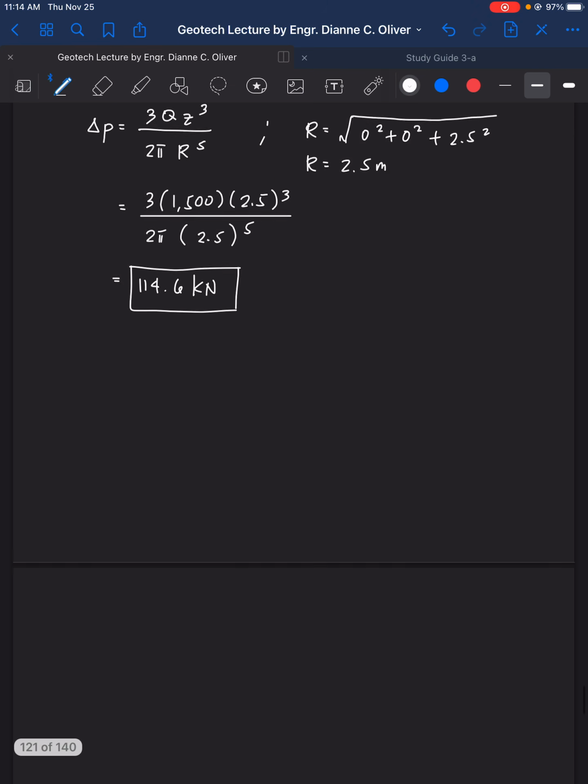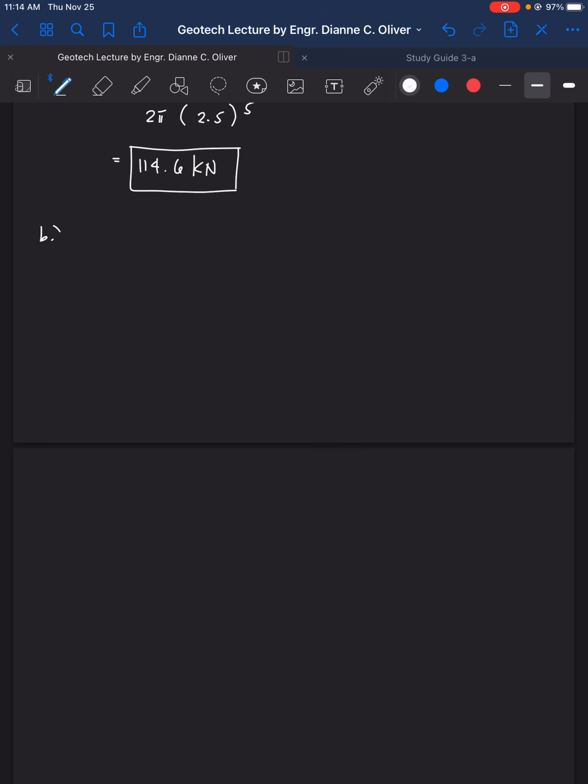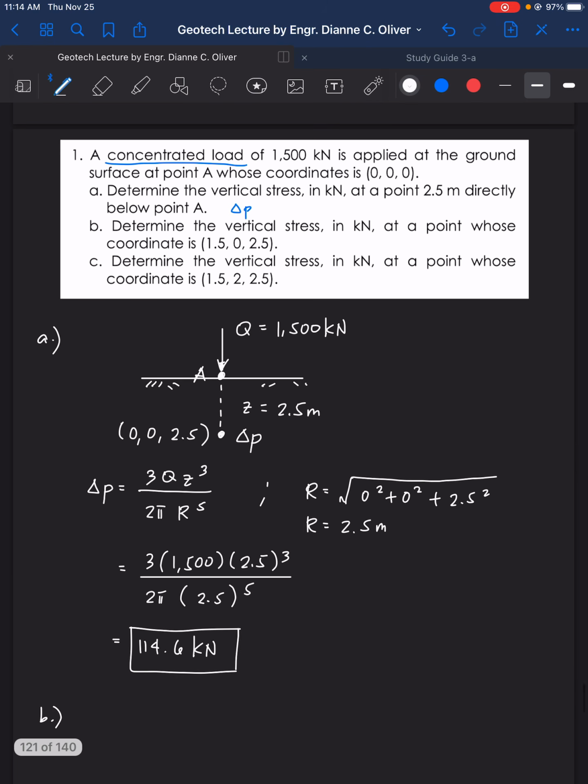Next, letter B. The location of the point is here, 1.5, 0, 2.5. So 0 here is our y axis.